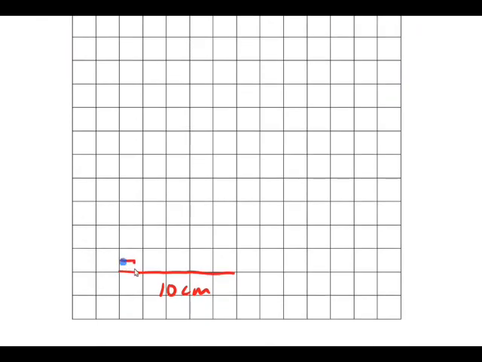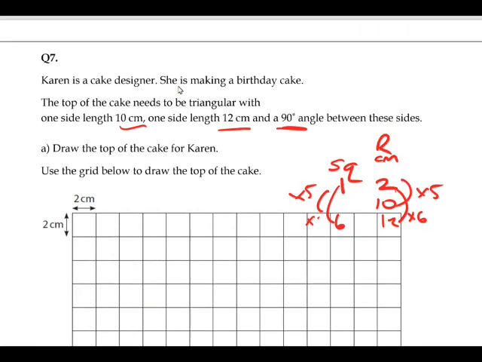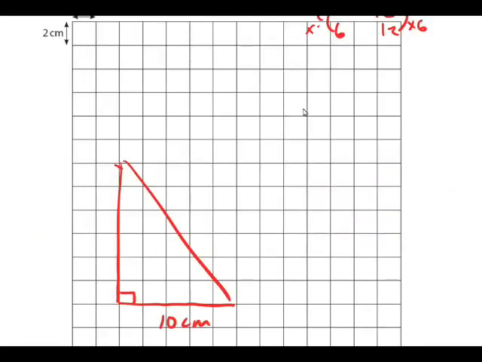So make sure we've got our right angle, and then 1, 2, 3, 4, 5, draw 6 squares. Connect the two ends, and there's our triangular cake. Label the sides, 12 centimeters, the right angle, and the 10 centimeters, because that's what we're interested in.